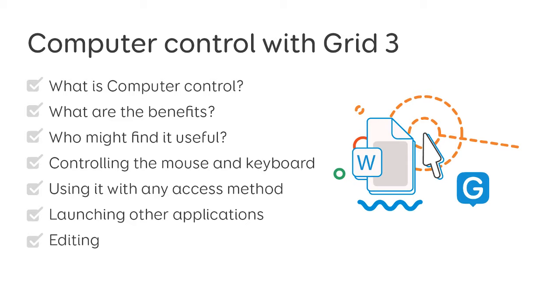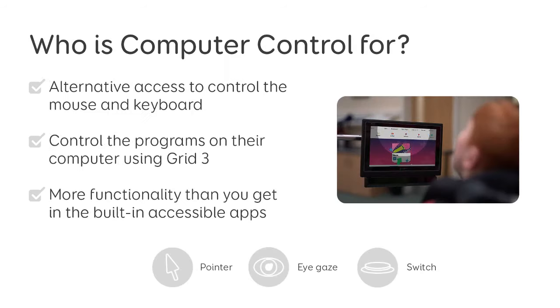Okay. So when we're thinking about who is it for? Let's quickly think about it being a resource to support someone who would otherwise find it difficult to use a standard keyboard and mouse. So it provides alternative access. That might be through eye gaze or switch access or alternative pointer access such as a head mouse or a joystick.